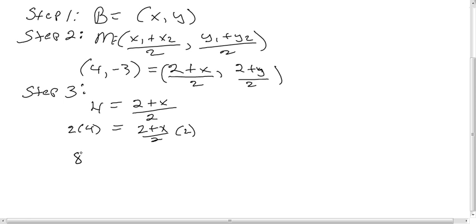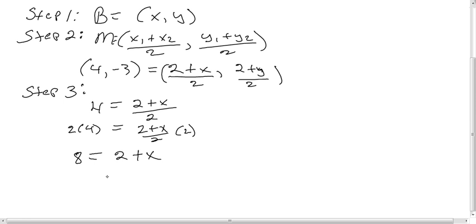That gives me 8 is equal to 2 plus x. Again, my 2's cancel, and that gives me what's on top, 2 plus x.